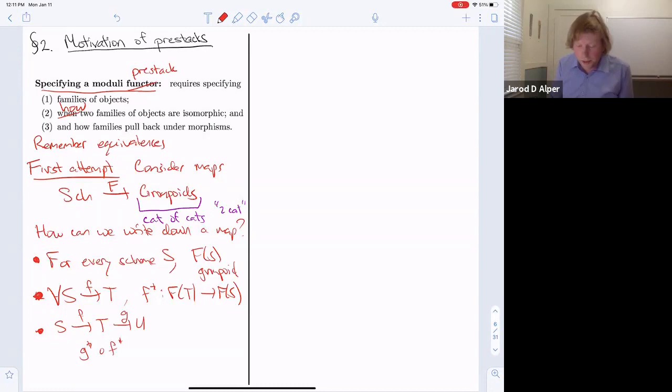With functors, you just declare that it's equal to what happens when you pull back along the composition. But here we don't want to say equal, so we'll say that they're equivalent, that there's an isomorphism of functors. Let's specify the isomorphism as c_{f,g}.